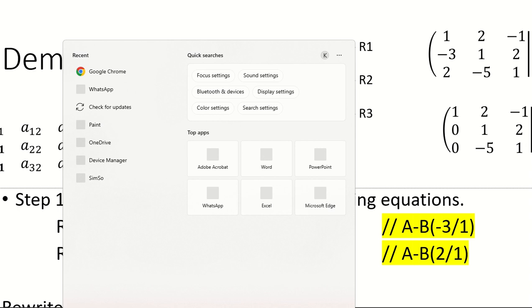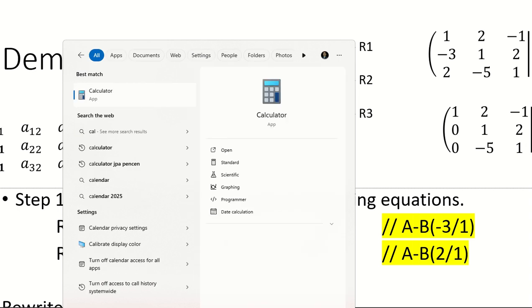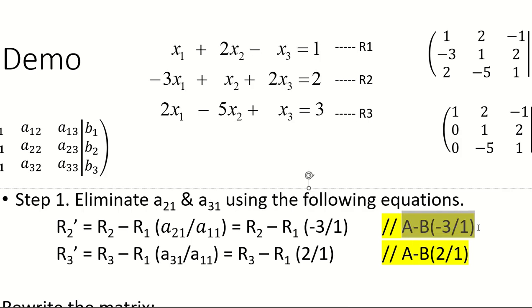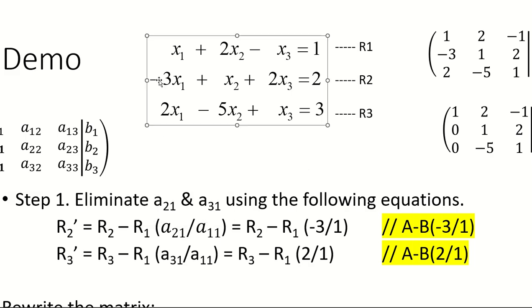The scientific calculator is not here now, but anyway, this is quite simple, you just key this in. When you press calculate, it will ask you what is the A and what is the B. So what is the A? What is the B? A is the value at R2, so you need to key in 3.